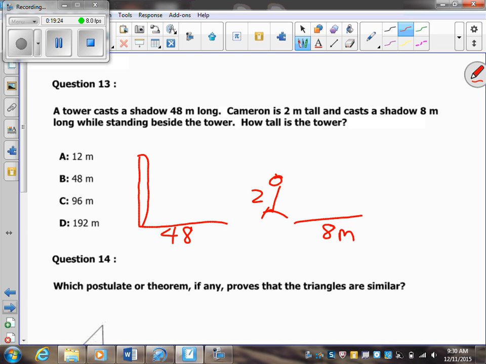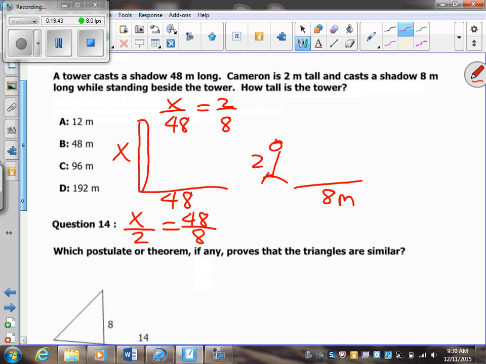How tall is the tower? This is what I want to know, x. So I can do the height of the tower over the person equals 48 over 8, or I can even do x over 48 equals 2 over 8. Whichever way you do it, it will work. Then cross multiply and solve it.